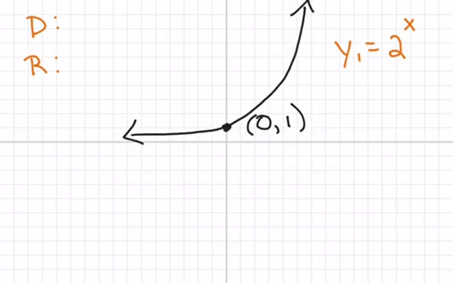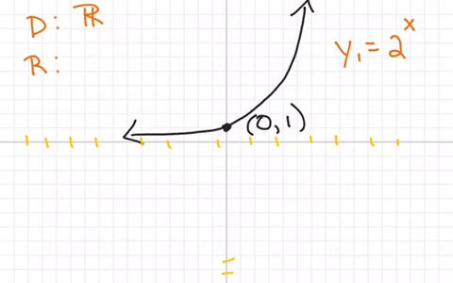Okay, so what you should be seeing on your tables is that, as we can see on the graph itself, all of the x values will end up being a part of this graph. So our domain is all real numbers.